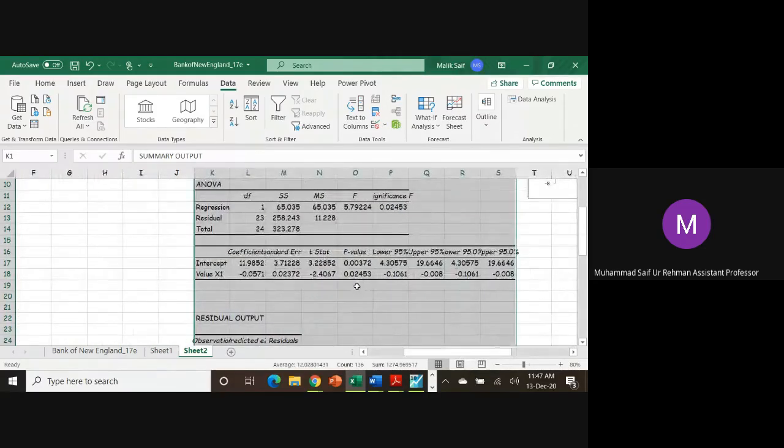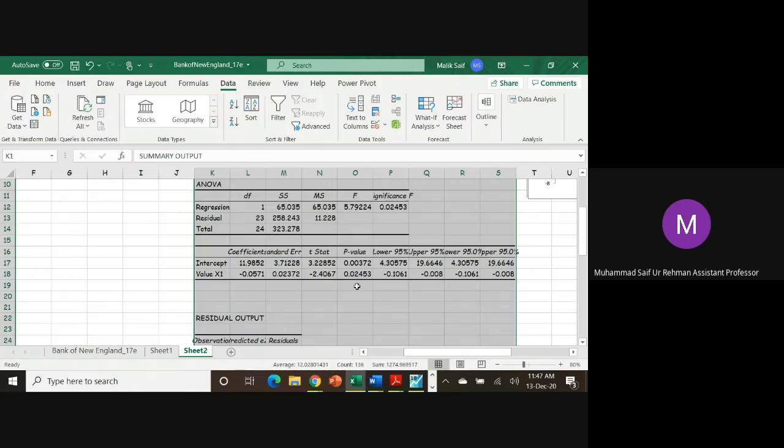In this case, 0.02 is the probability value, and the significance level was alpha 5%. So the probability value is less than alpha. What does this mean? Reject H naught. What was H naught?